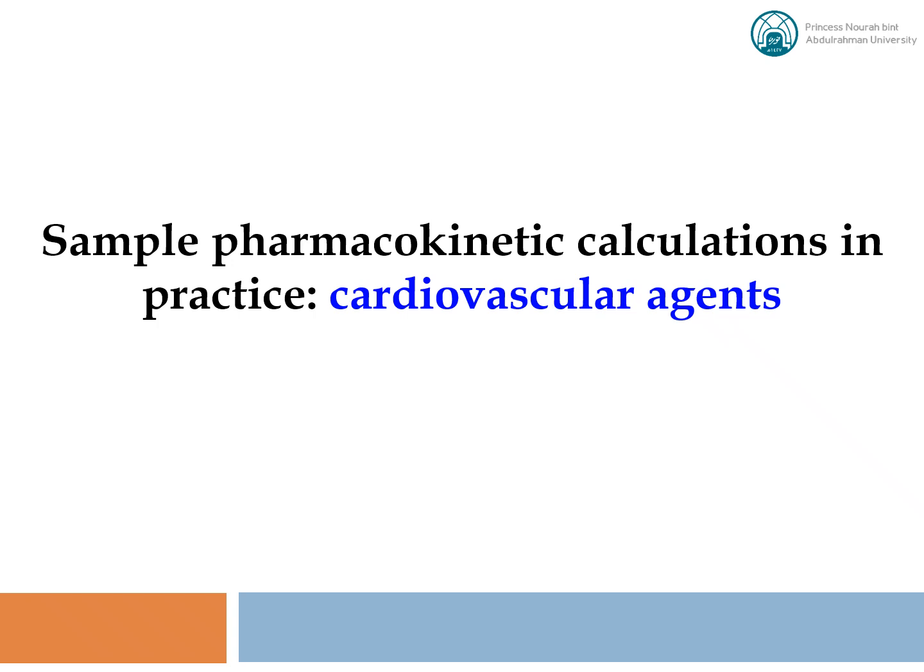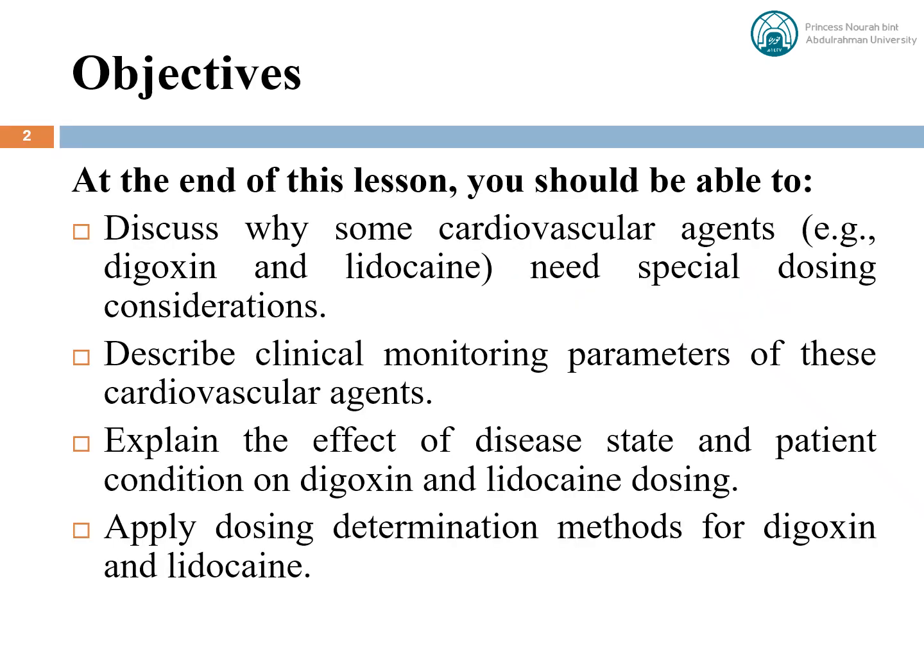So, the objectives of our lecture today will be as follows. At the end of this lesson, you should be able to discuss some cardiovascular agents, for example digoxin and lidocaine, that need special dosing considerations.